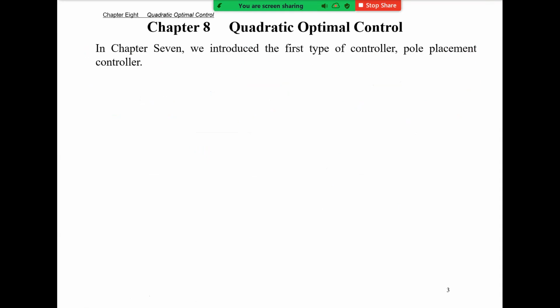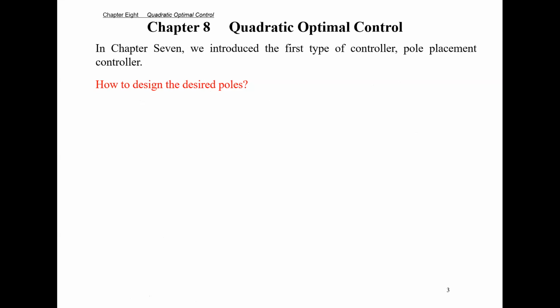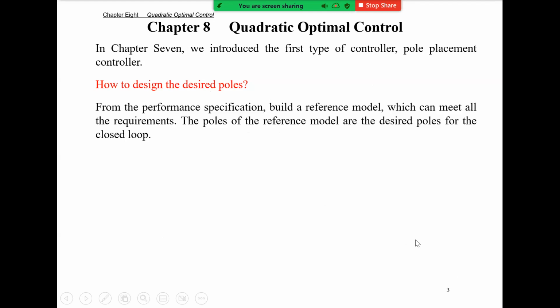Last week, we introduced the first type of controller, pole placement. To design this pole placement controller, we have to know where the desired poles are. So how do we design the desired poles? They come from the performance requirements.